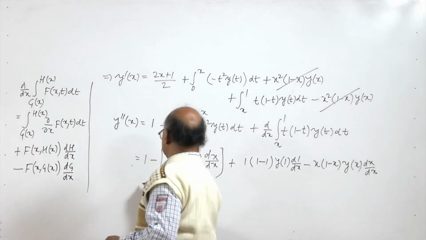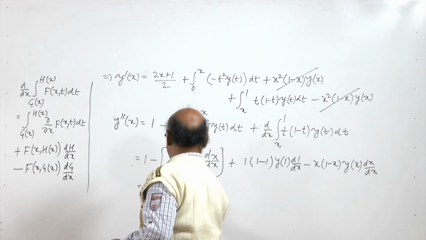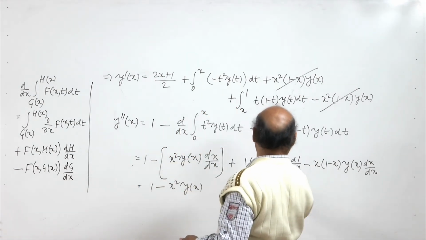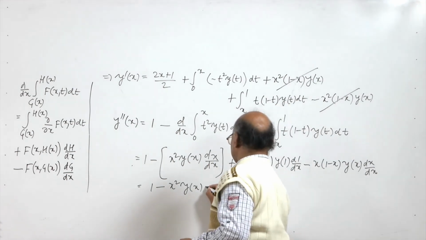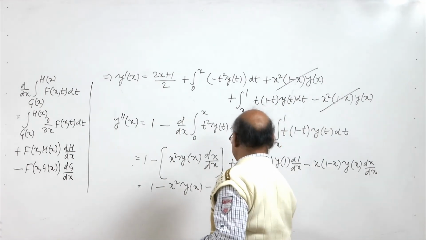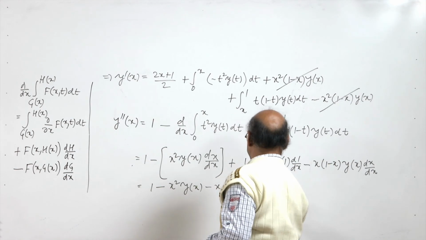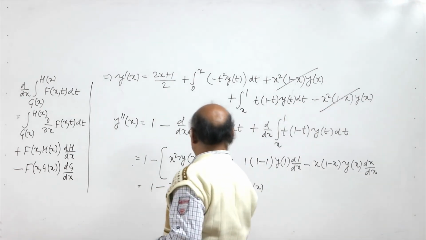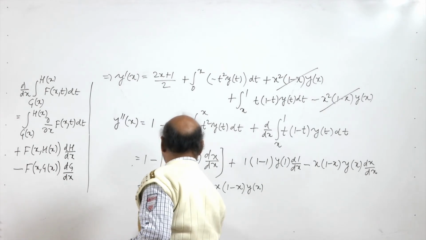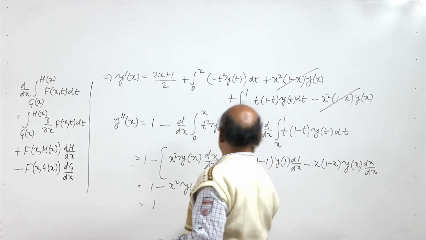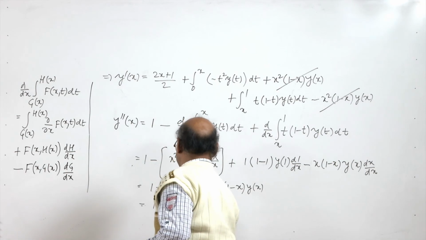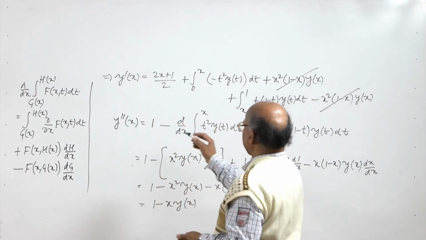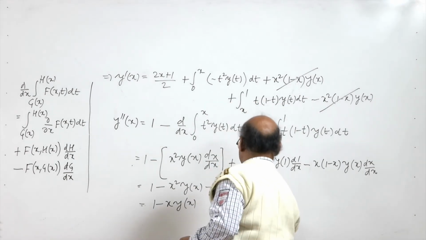So, what we get is 1 minus x square by x, and this is 0. We have minus x into 1 minus x by x. We can open this, so the 1 minus x square by x term will cancel, so minus x into y by x. So, we get y double dash x plus y by x equal to 1.